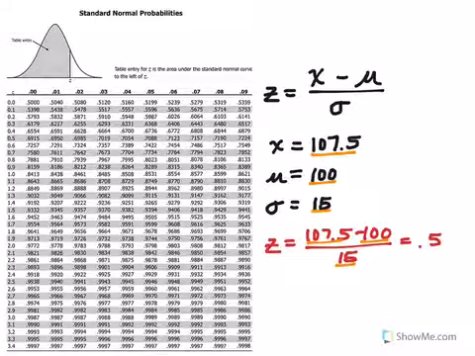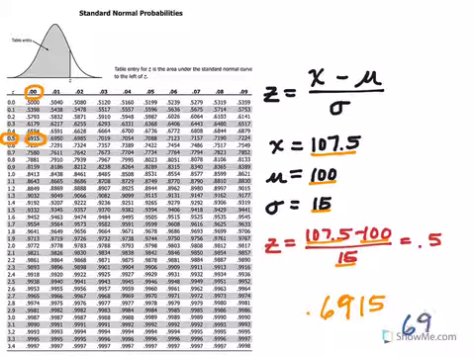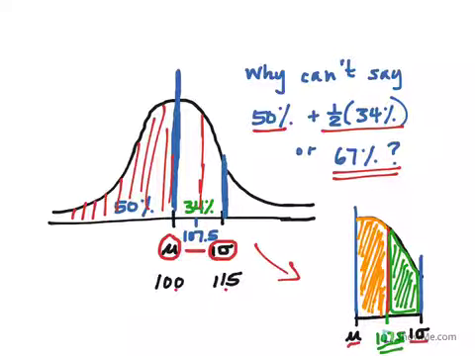And come and find that 0.5, that's going to be at the intersection of 0.5 and 0.00, which is 0.6915. So as I turn that into a percentage, it is 69.15%.